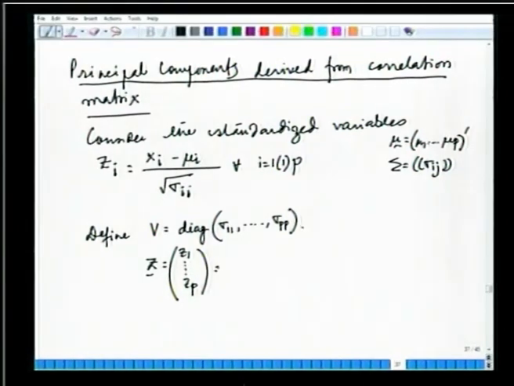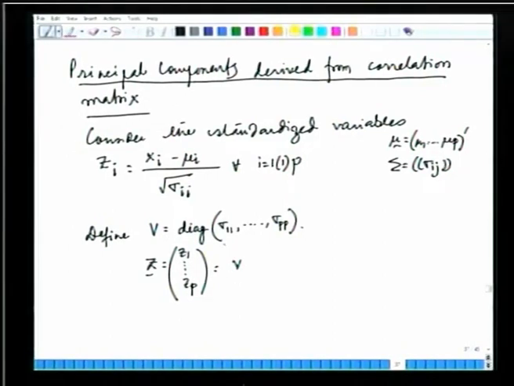In terms of the x vector, now that I have defined V and the diagonal elements are all positive, V is a positive definite matrix. I consider the inverse square root of V, by spectral decomposition.